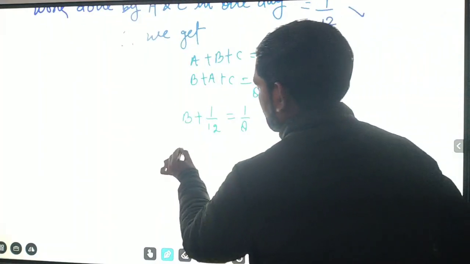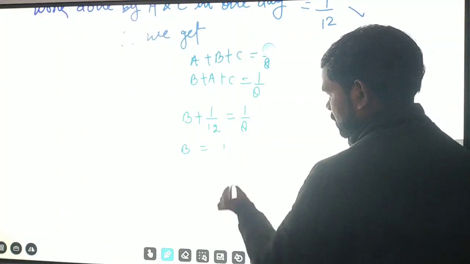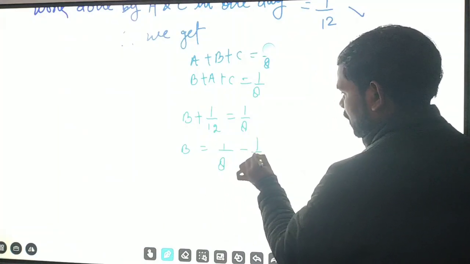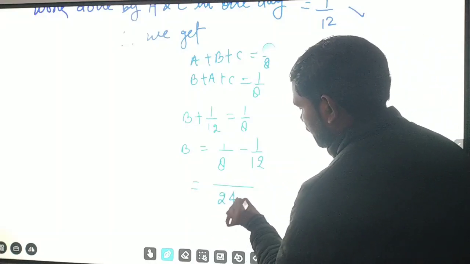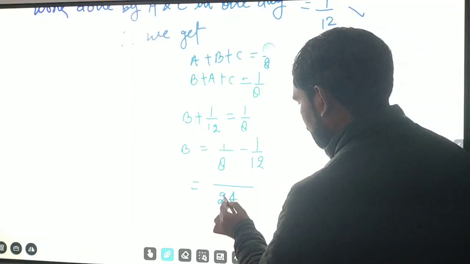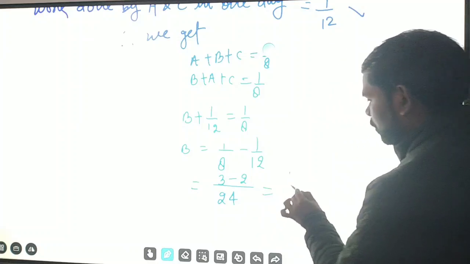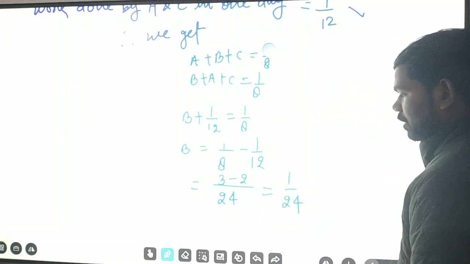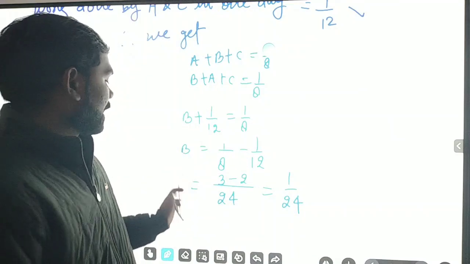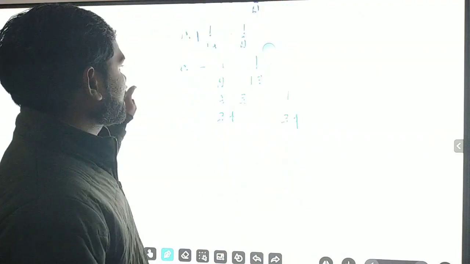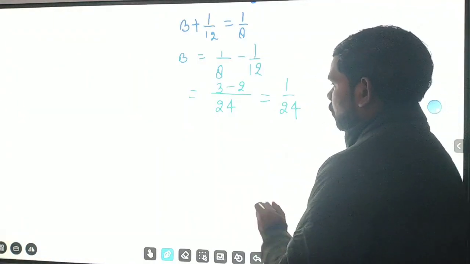We get B is equal to 1 by 8 minus 1 by 12. After solving, we get LCM as 24, and here 8 3s are 24, that is 3 minus 2, which is equal to 1 by 24. This 1 by 24 represents work done by B in one day, and the question is how many days are required to complete the job when B works alone.